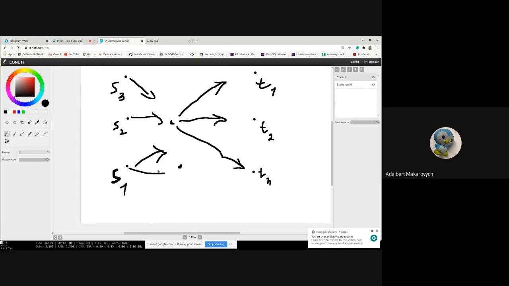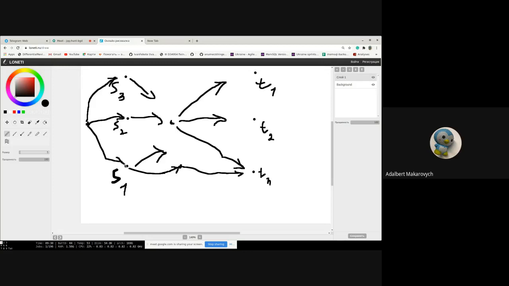The solution for this problem is to add a fictive source and a fictive sink, with all edges from the fictive source going to the real sources having capacity of infinity, and also all the edges from the real sinks going to the fictive sink with the capacity of infinity.